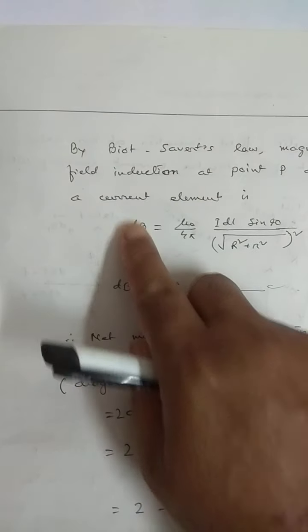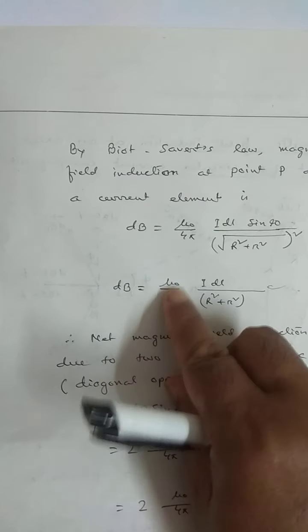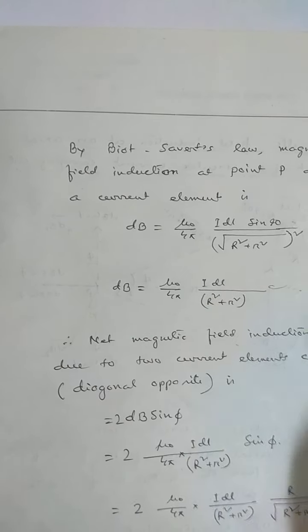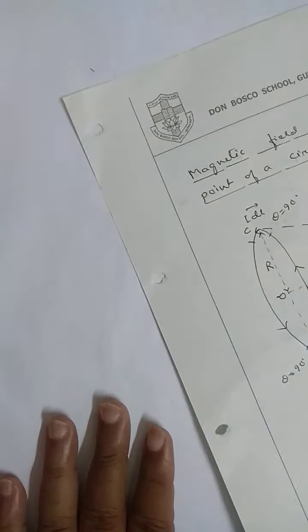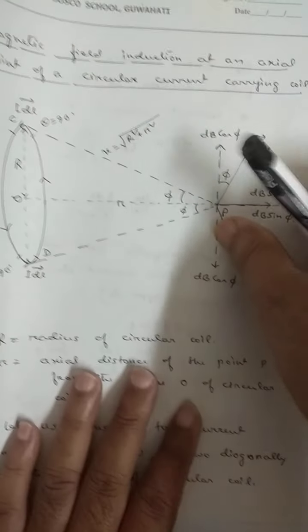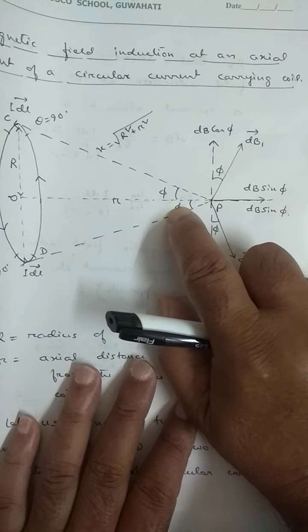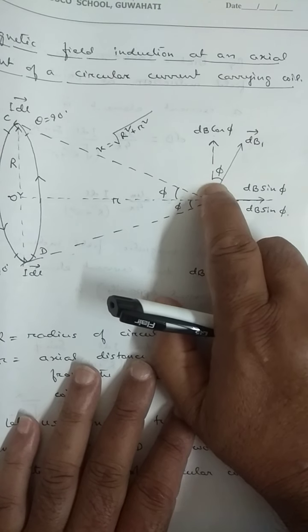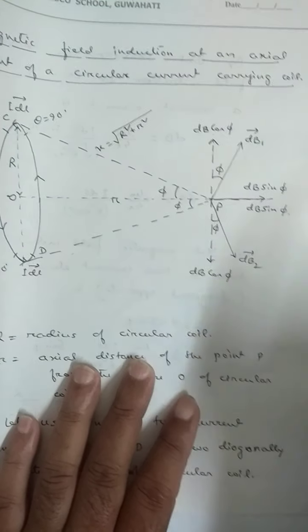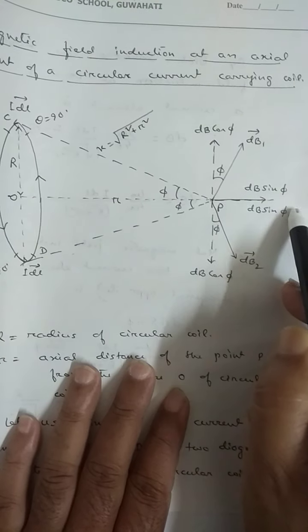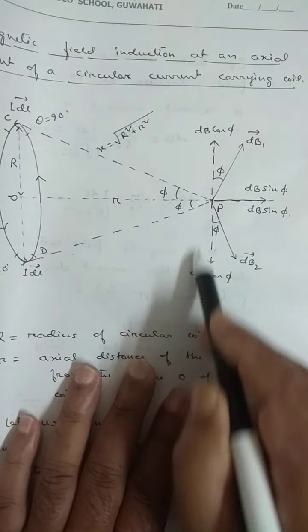So what is the magnitude of dB1 and dB2? dB is equal to mu 0 by 4 pi, I dl divided by capital R square plus small r square. But what are the directions? The directions are in these directions. Their magnitudes are the same. I consider this angle phi and this angle phi. I call this the x-axis and this the y-axis.